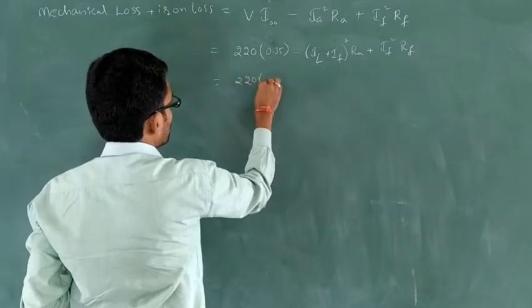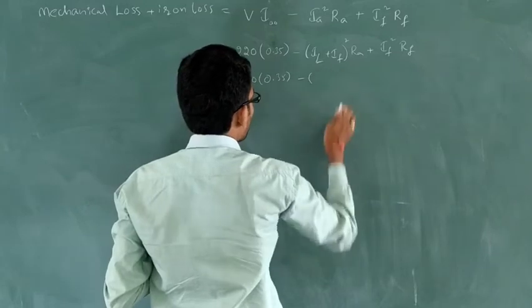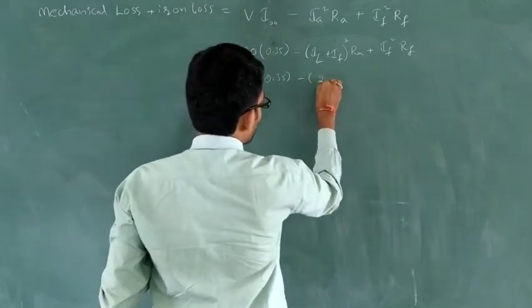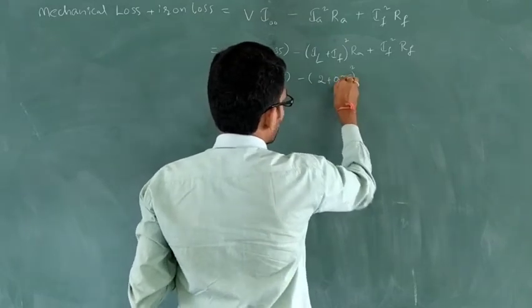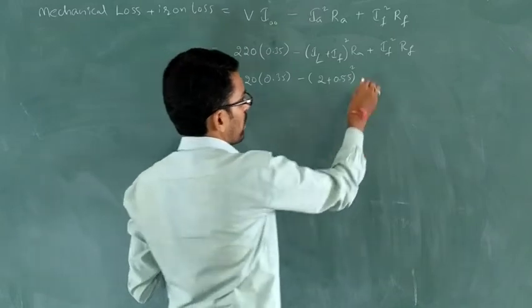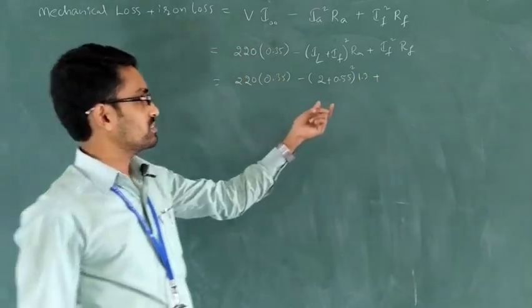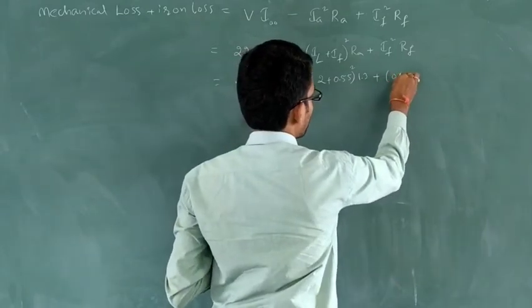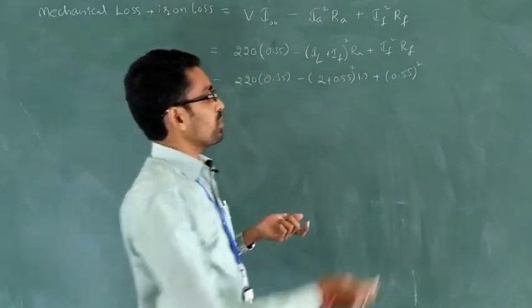So 220 into 0.35, minus IL plus If. IL value is how much? 2 plus 0.55, whole square into Ra, which is 1.3, as we have measured this armature resistance between the A and AA terminals, and If is 0.55 whole square into Rf.